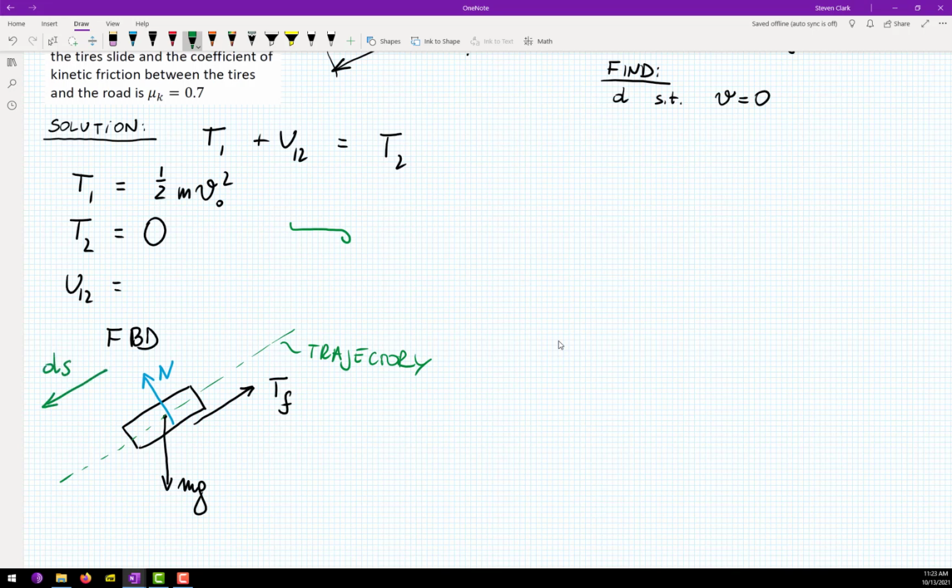So here we have the work of gravity, the work of friction, and we also have the work of the normal force.